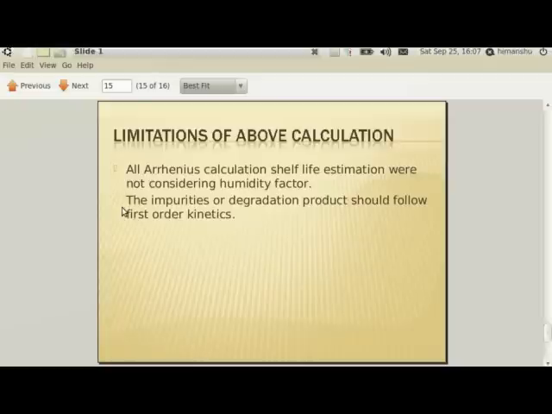Now the limitation of the above calculation is that it does not consider the humidity factor for shelf life estimation.